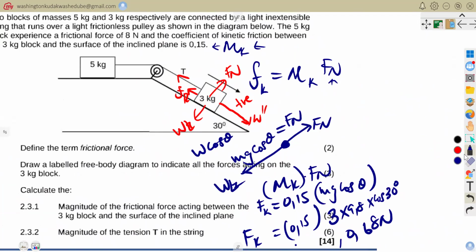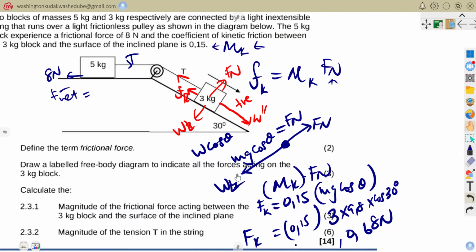You see that on the 5 kg block, you have this tension due to the string, and you also have your frictional force, which is the 8 newtons that has been stated. These are the two forces, and you need to find F net.